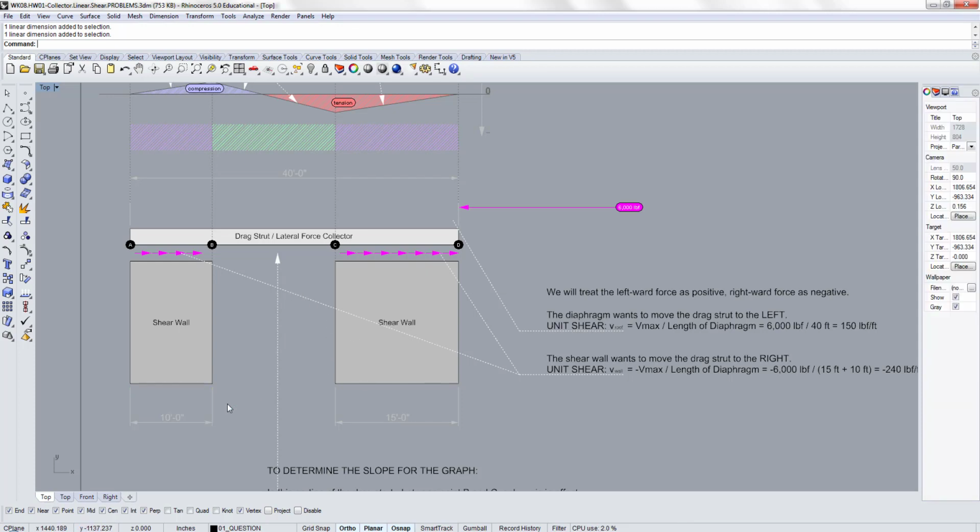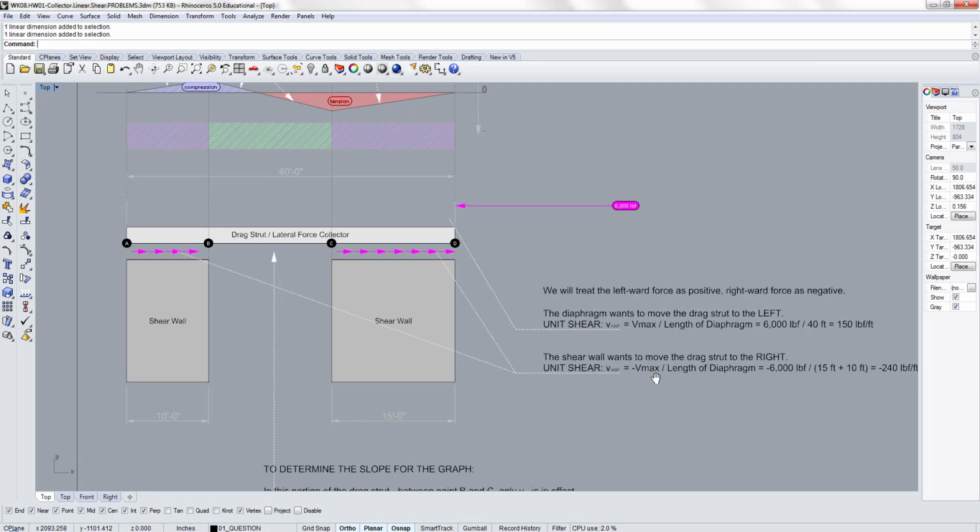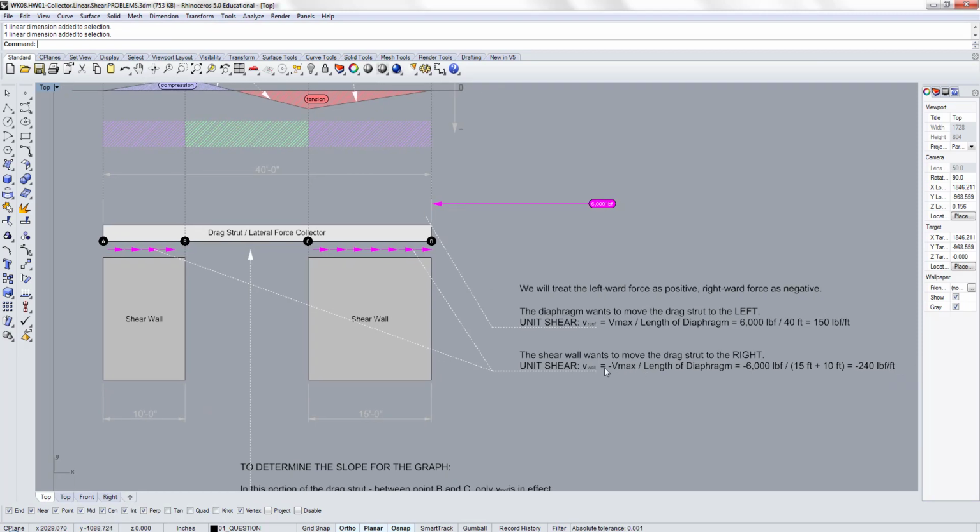So the unit shear calc is, keep in mind it's negative, right? Because it's the other direction. Negative 6,000 divided by, it's 10 feet and 15, so 15 plus 10, right? So negative 6,000 divided by 25 results in minus 240 pounds per foot.